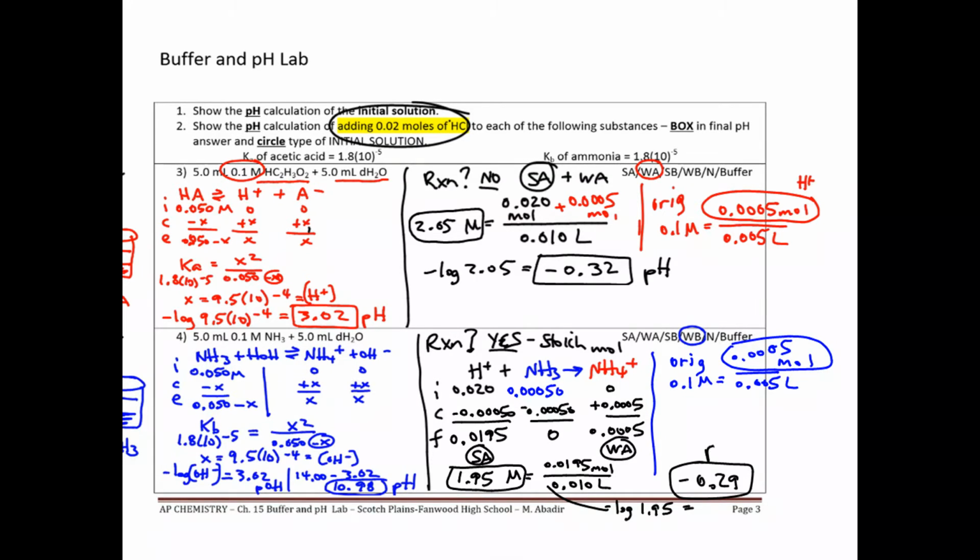So if I just want to represent what happened in the cup, all I have left is H plus, and I have a little bit of NH4 plus in here as well, but I only care about the H plus. Whereas in the previous example, I had all just H plus. I also had a little bit of acetic acid, but I only really cared about the H plus, so I didn't have to really do a calculation for the acetic acid.